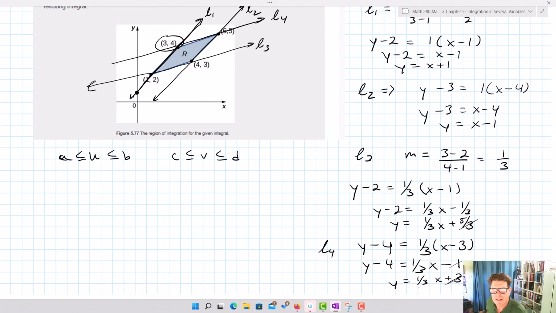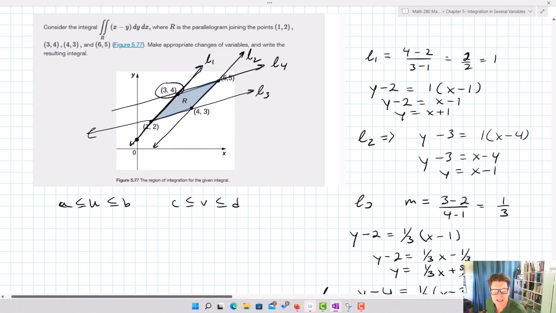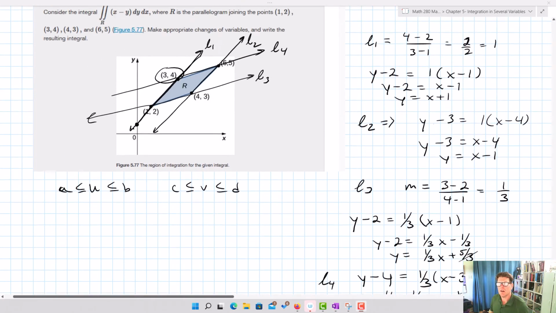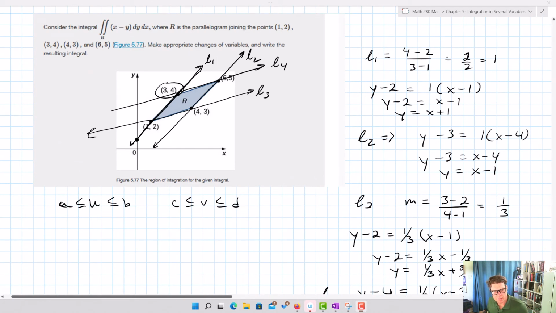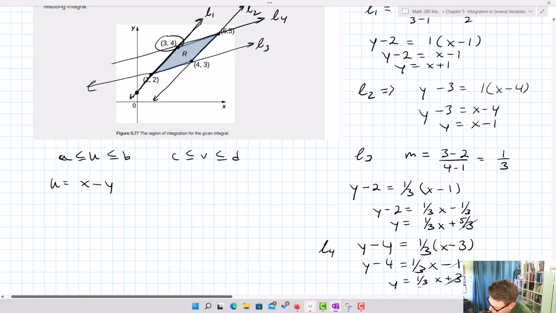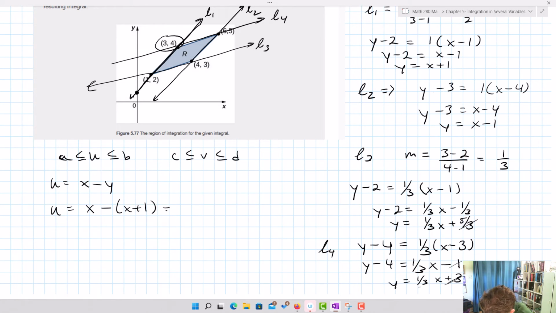So let's take a look at our functions here. We'll look at these first two lines: y equals x plus 1, y equals x minus 1. If I start out with those, the far left hand and the far right hand regions, then I could let u equal x minus y. When I do that, notice that y equals x plus 1, so u is going to equal x minus (x plus 1), which just equals negative 1.